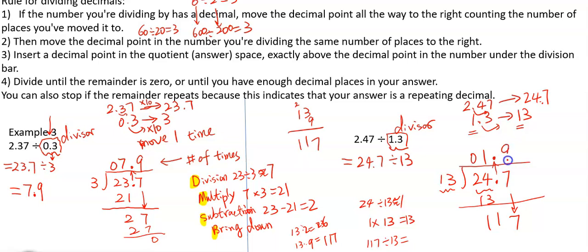So we figured out, okay, 13 can go into 117 9 times. So let's put the answer up there. And then we did division, so that gives us 9. Next, we do multiplication. So we multiply this number with that. So 9 times 13 gives us 117. And after that, we do subtraction, and that gives us 0. So the answer for this question will be 1.9.